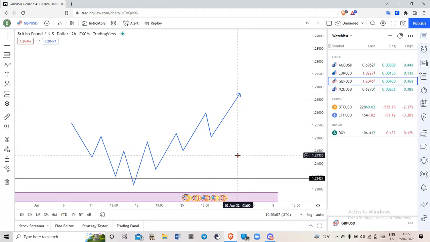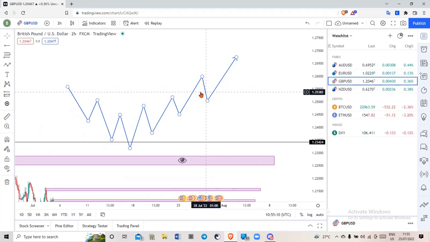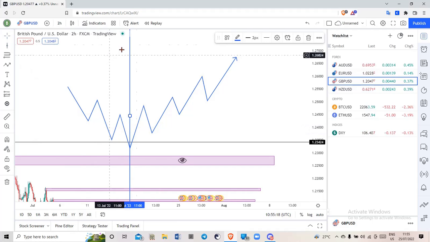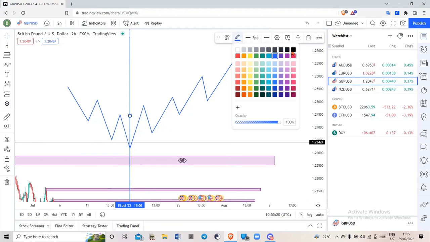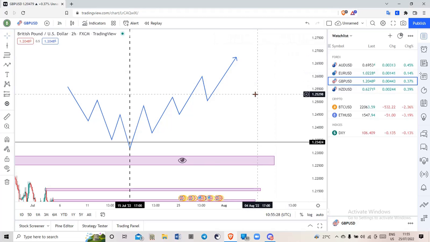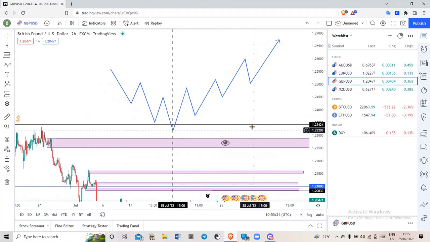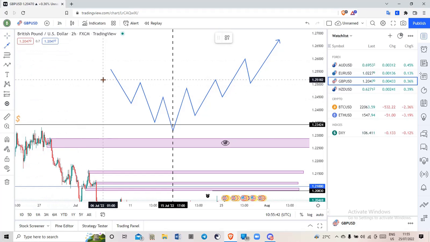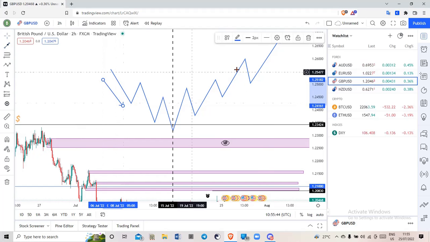Now, a quick example would be that at this side of the market where it's going down, you could possibly see that this area it is going down.